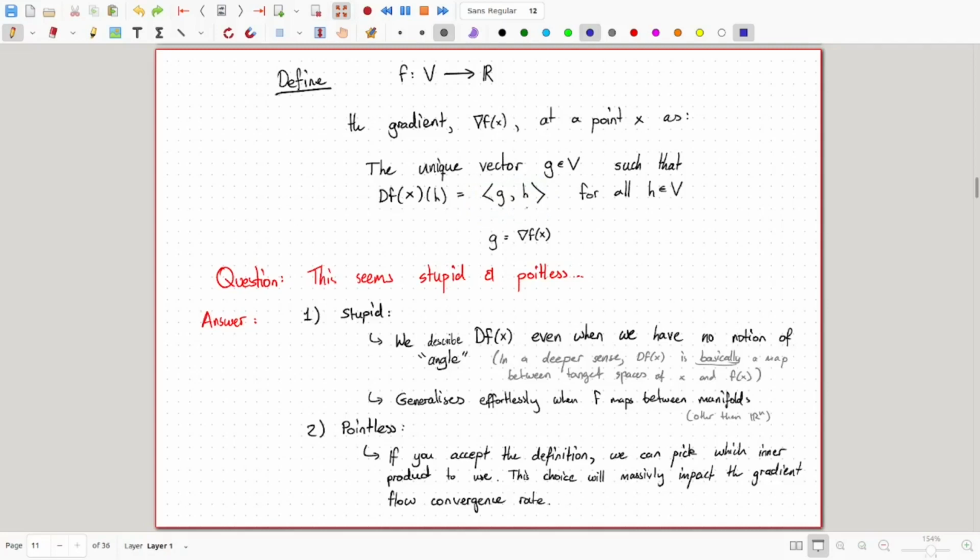And what that means is we can actually pick whichever inner product we like. And so therefore our gradient vector depends on the inner product we choose in our definition. And it turns out that this is a very useful tool for speeding up gradient descent or gradient flows. And we'll see that later. It's called preconditioning.